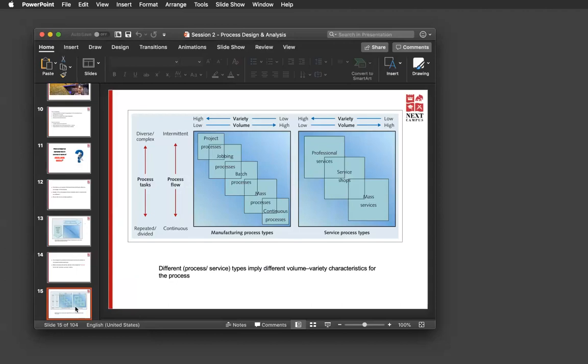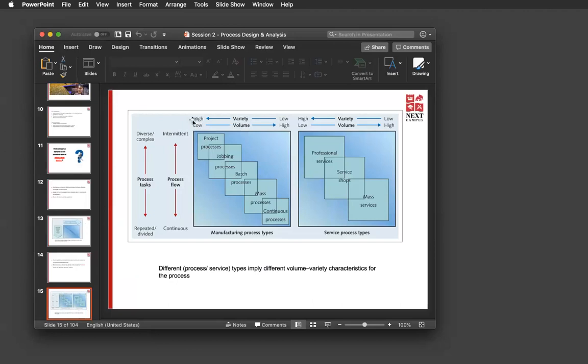Now let's look at this slide. This starts with the top end, which is the project process. Now where project process is concerned, hope you follow me on this one, the volume is low and the variety is high.